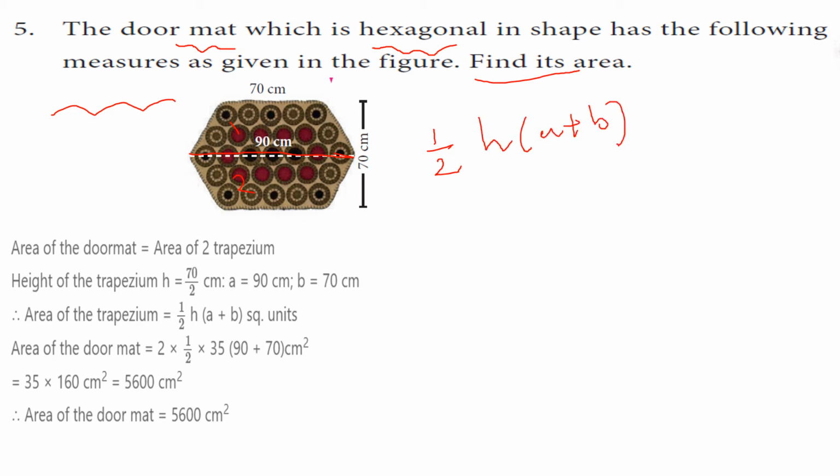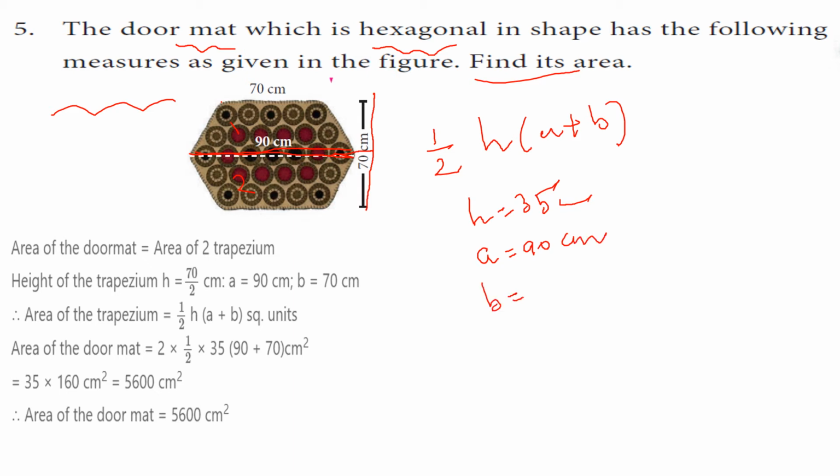Here h is, for 2 trapeziums, 70 centimeter. So divide 70 by 2. Therefore h equal to 35 centimeter. What is A? A is 90 centimeter and B is 70 centimeter.